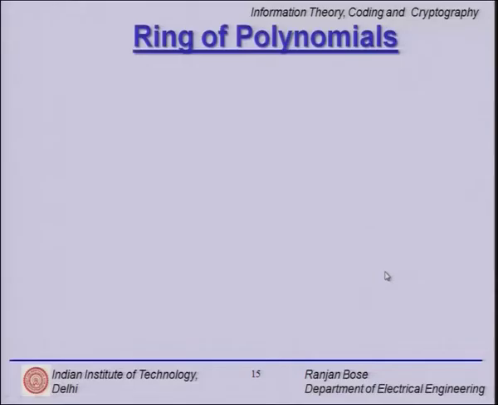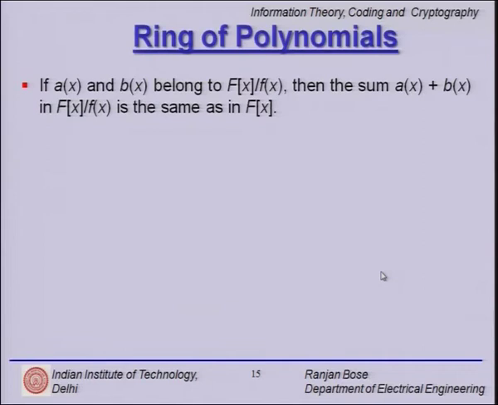Now, we quickly go to rings of polynomials and then eventually fields of polynomials. Again, let us be patient and we will quickly link to cyclic codes, but this is interesting stuff. So, if A(x) and B(x) belong to F(x)/f(x), then the sum A(x) plus B(x) in F(x)/f(x) is the same as in F(x).